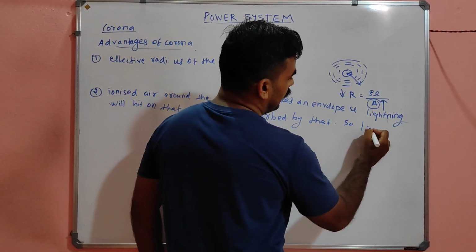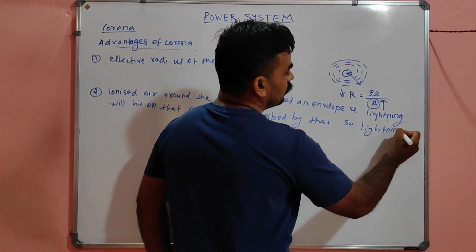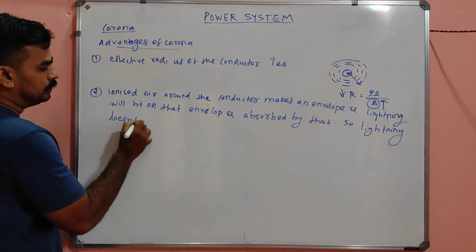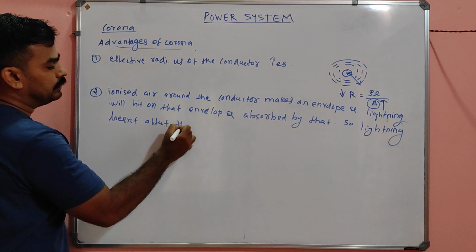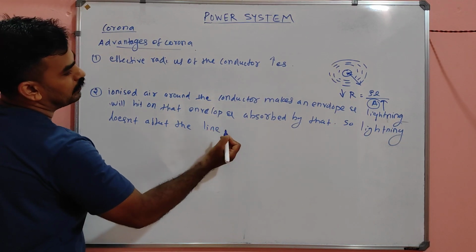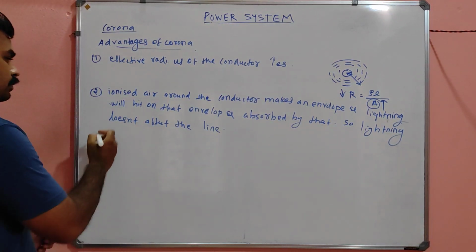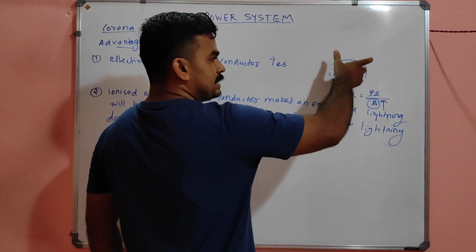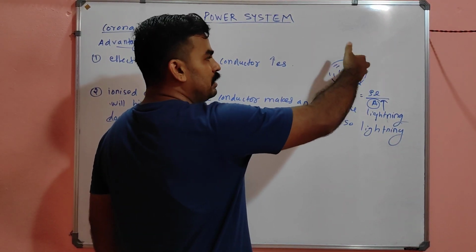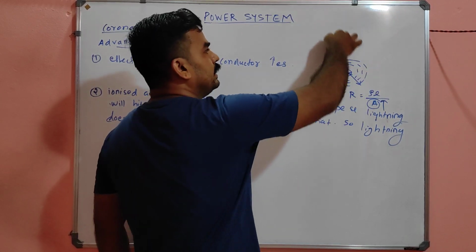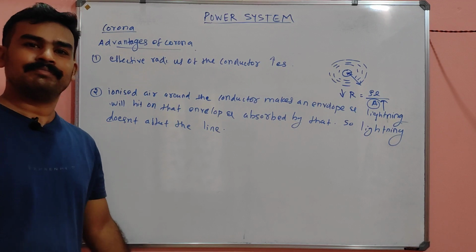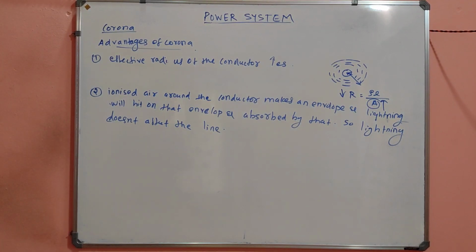So lightning doesn't affect the line. That means there will be a gas, ionized or conducting media envelope around the conductor, so the lightning will strike this only, not the conductor. So the conductor is safe. So these are the advantages.